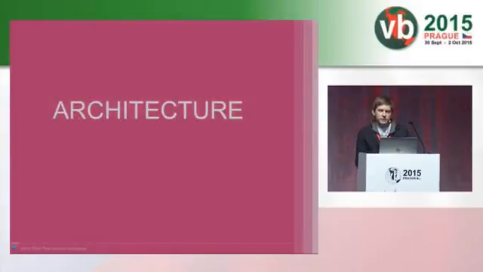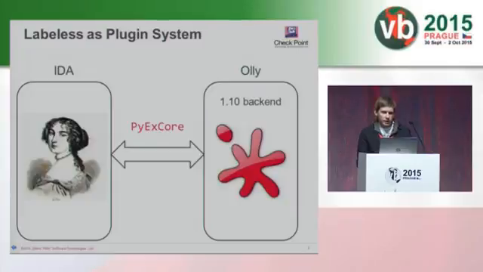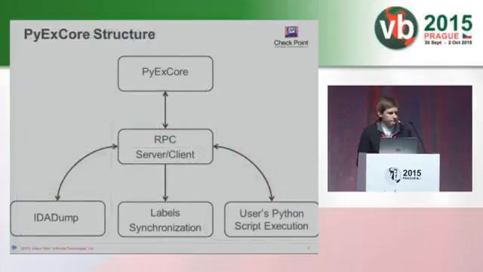In order to better understand all further material, let's start with a quick overview of the architecture of Labeless. Labeless is a two-component system. One part of the system is running on the IDA side and the other on the Olly side. They share the same core interface called PX core. Basically, all the communications are done through it. Since it's the most significant part of the system, let's take a look at it in more detail.